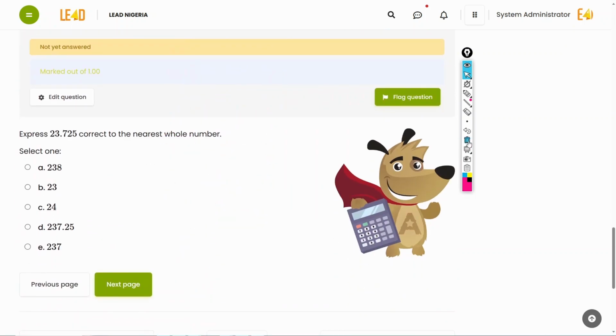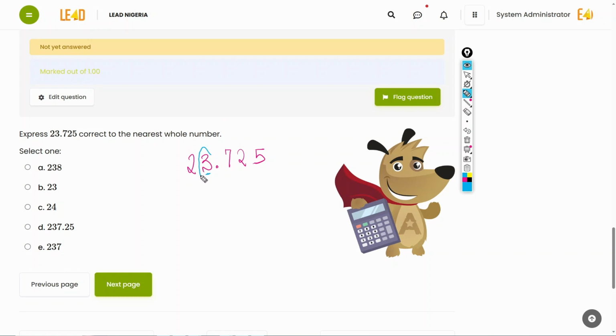20. Express 23.725 to the nearest whole number. The nearest whole number position is the unit, because remember we have our whole place values to the left of the decimal point. So the nearest one is the unit.